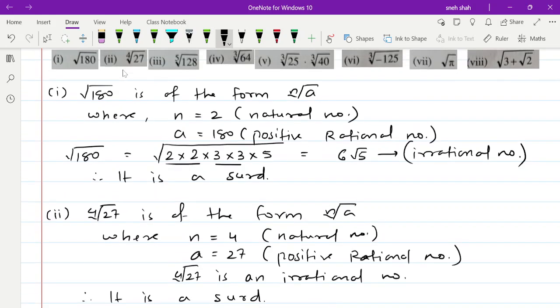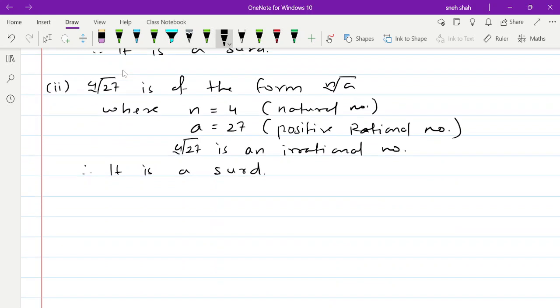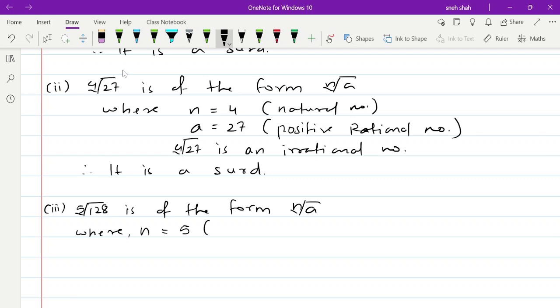For the third sub question, we are given the fifth root of 128. This is also of the form nth root of a. Here, n is equal to 5. That is, the order of this number is 5 because it is inside a fifth root.